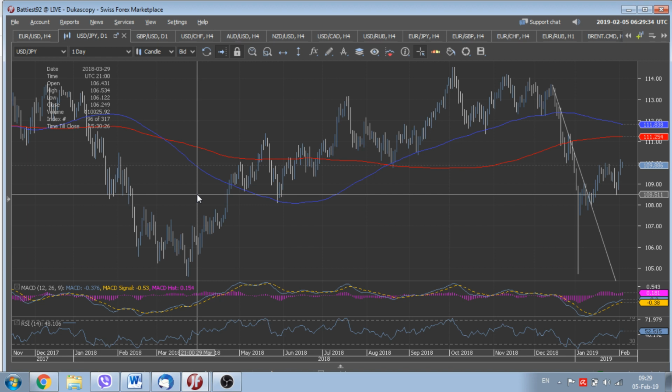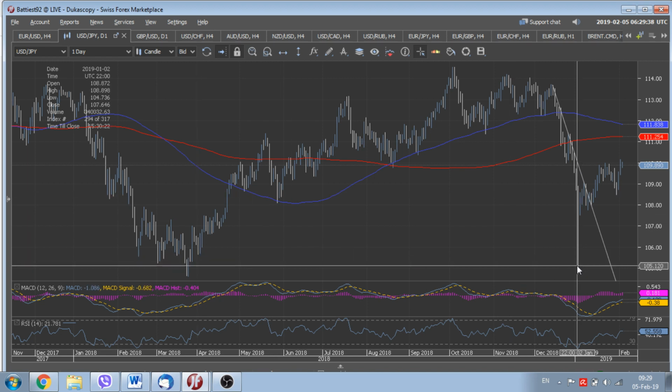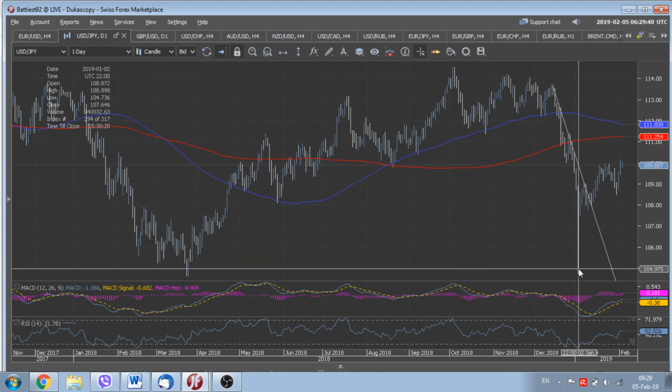Anyway, don't forget, there is a point of view that after the flash crash to the level of 105 at the beginning of 2019, the dollar yen fulfilled its medium to longer term targets to the downside and now will trade higher from a longer term point of view.